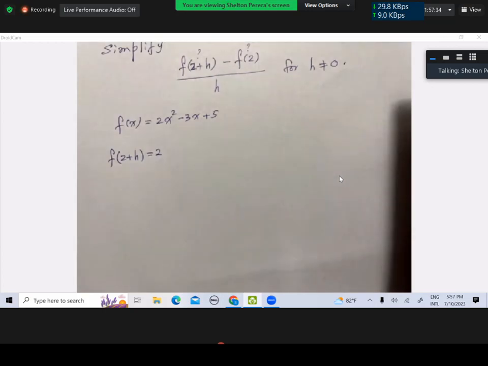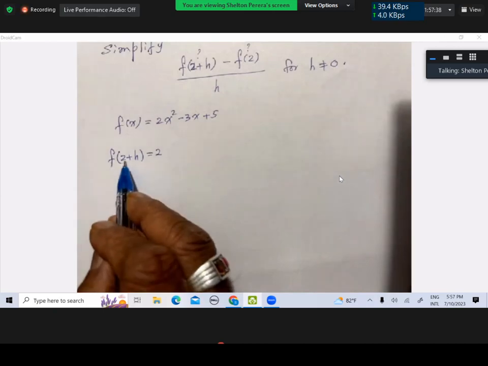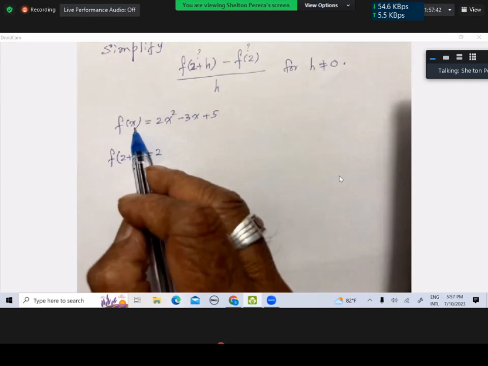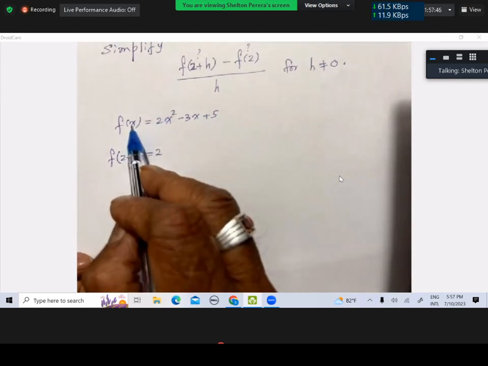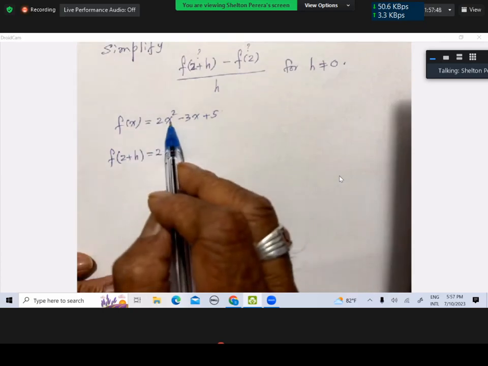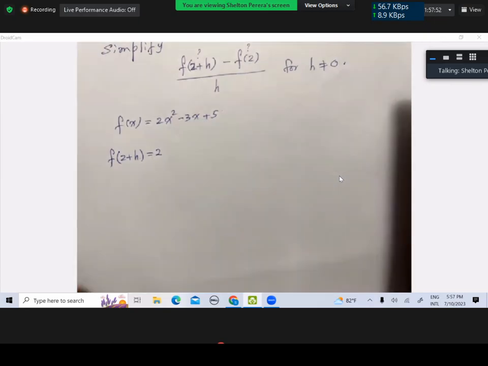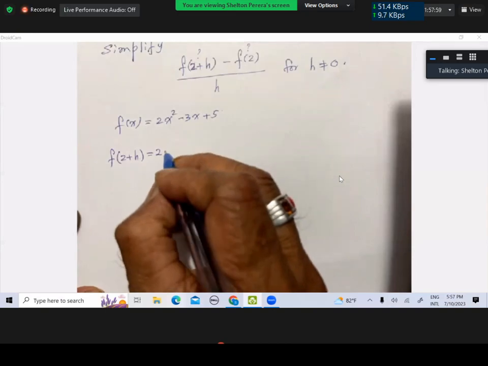It's read f of, meaning output when input is 2 plus h. When the input is x, output is this. See the pattern? Input x, 2 times input squared minus 3 times the input plus 5. So 2 times, instead of x, we shall put 2 plus h.